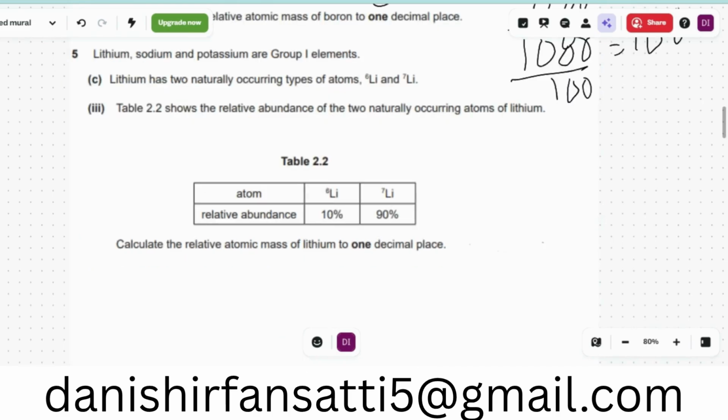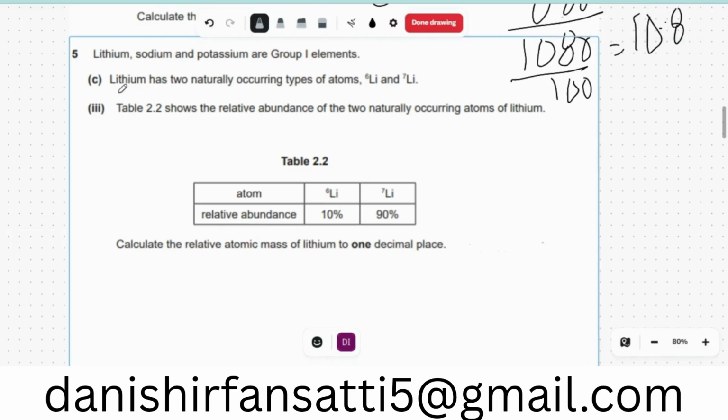Lithium and potassium are in group 1. Okay. Lithium has two naturally occurring isotopes, 6 and 7. Show the relative atomic mass from the relative abundance of the two naturally occurring isotopes. Okay. Same thing. I will do it over here.